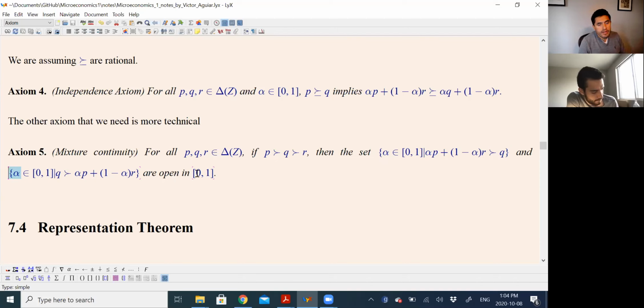So this mixture continuity property is very technical, but it's going to ensure that the Bernoulli utility is continuous, okay? So this is going to be the role of it.